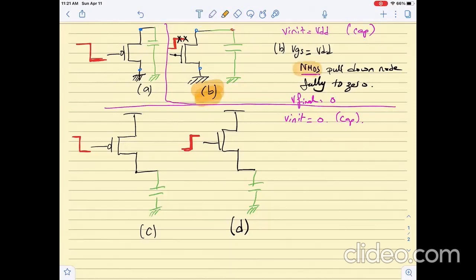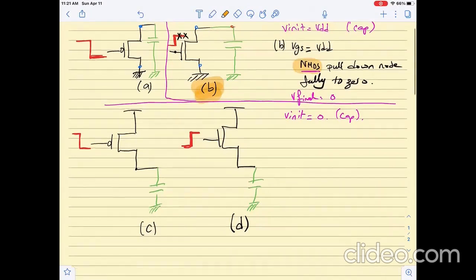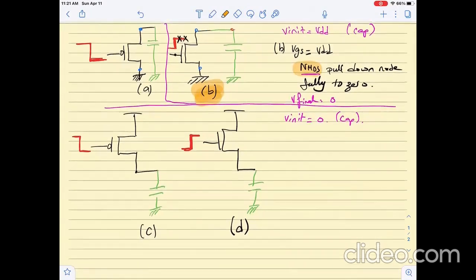And the second ideal case that we can handle is for the PMOS to pull up, because a PMOS is very good at pulling up. If we inspect VSG for this PMOS when the input has switched low, for case C, VSG is always equal to VDD minus 0, so it will be equal to VDD at the onset of switching and after switching, during charge time.